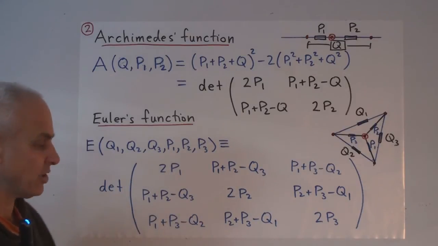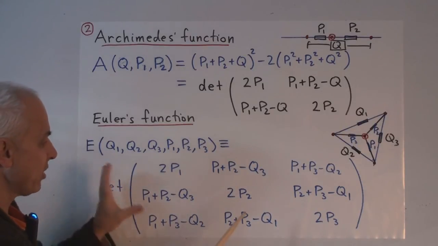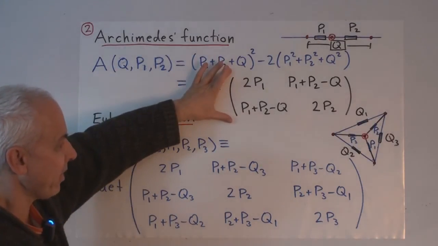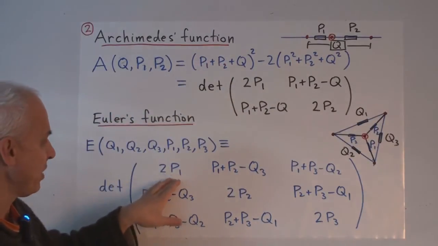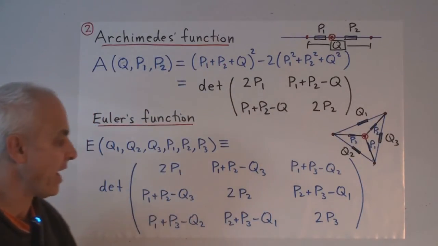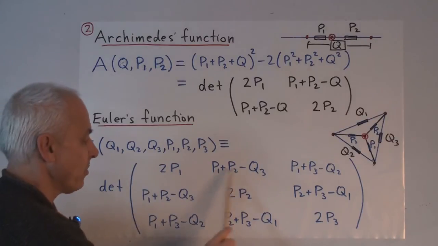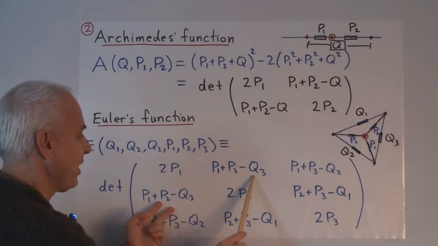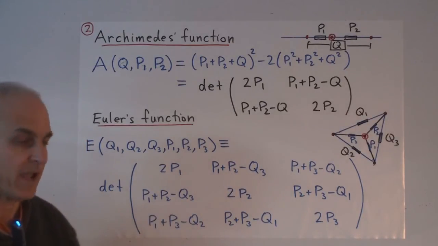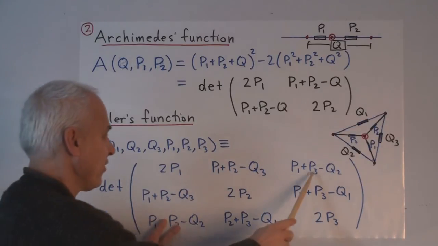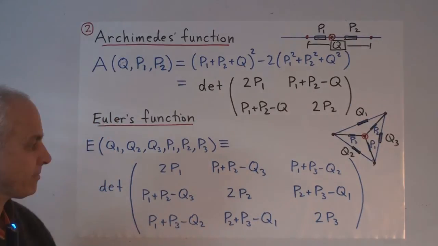It's a determinant of a 3 by 3 matrix constructed almost exactly in parallel to this one here. 2P1, 2P2, 2P3 down the diagonal. And then these kind of terms, P1 plus P2 minus Q3 on the off diagonal sides. These are the same.